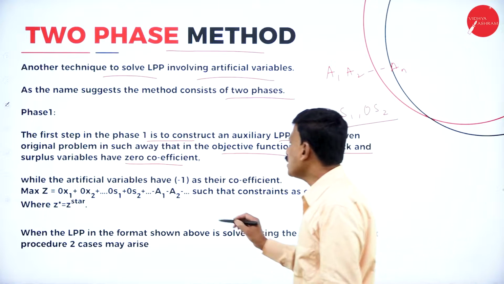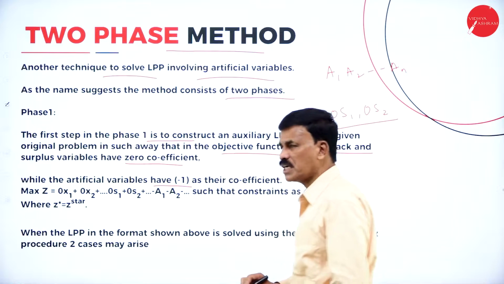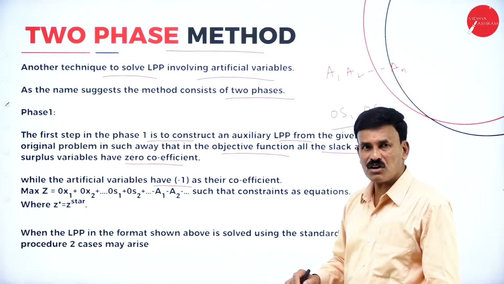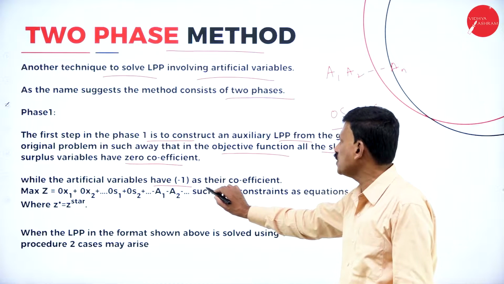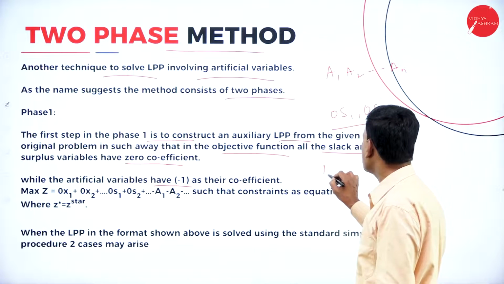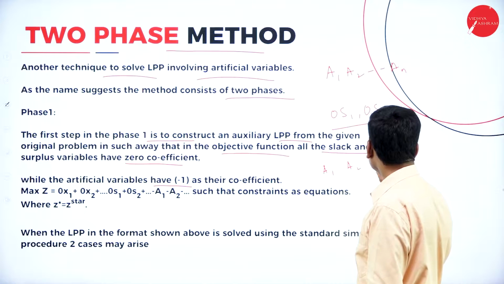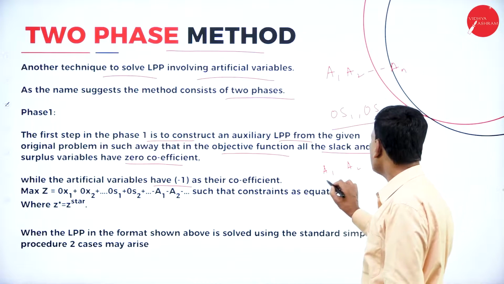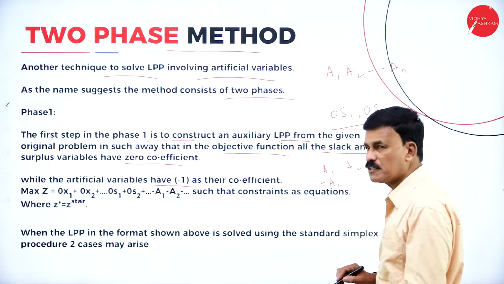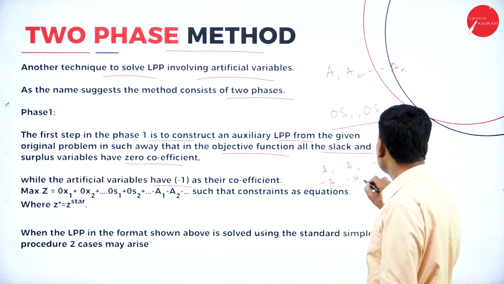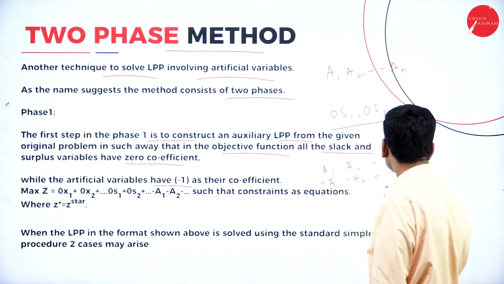Whereas the artificial variables will have negative coefficients. So a1, a2, etc., an will have the coefficients as -1: minus a1, minus a2, etc., minus an.